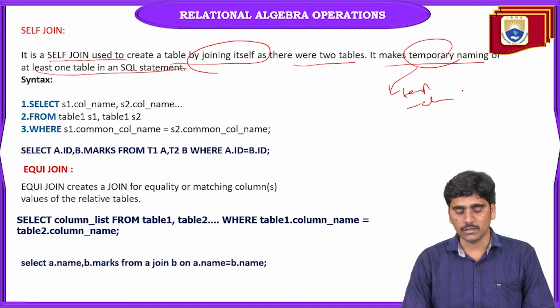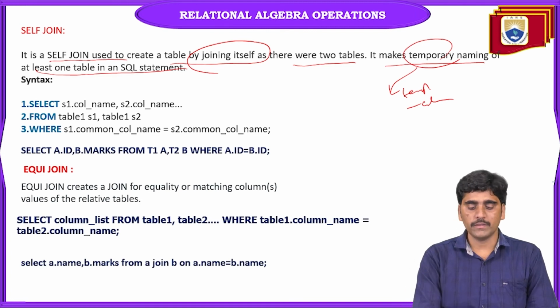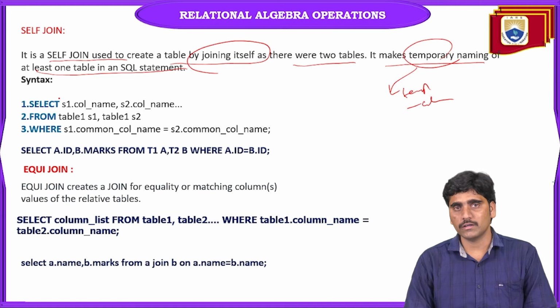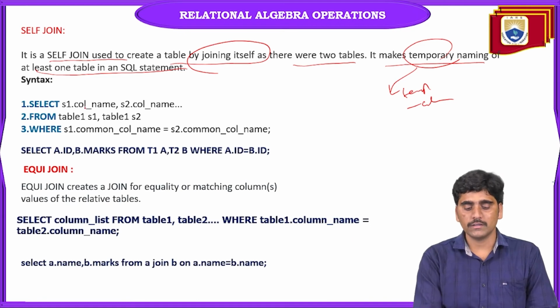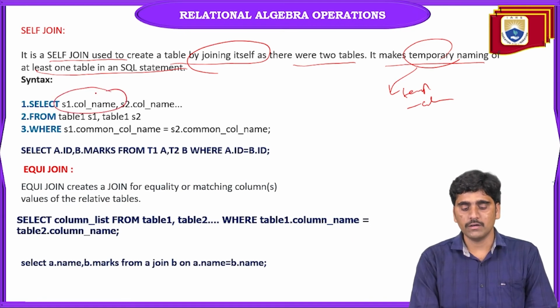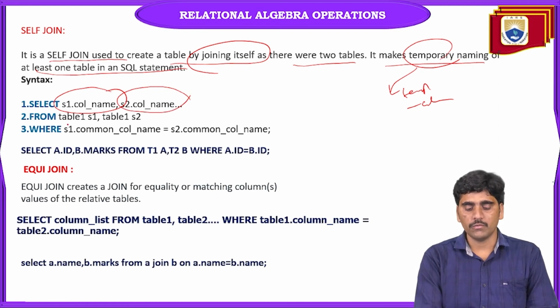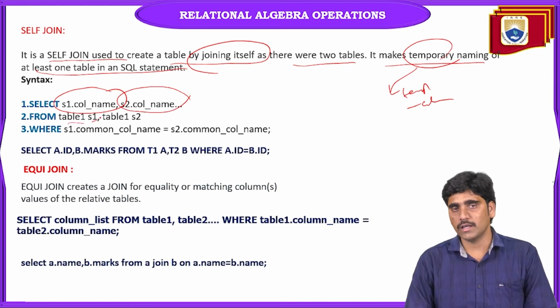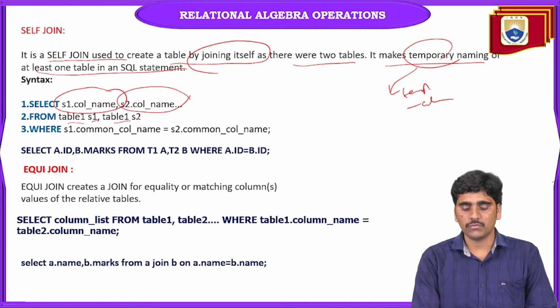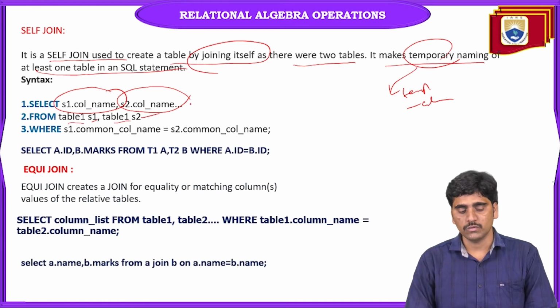From this we can write the syntax like: select table1.column1, table2.column2 from table1 alias1, table1 alias2. It means you are creating alias names for both tables.